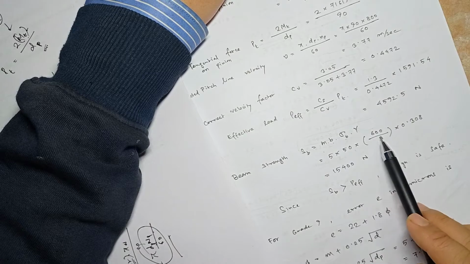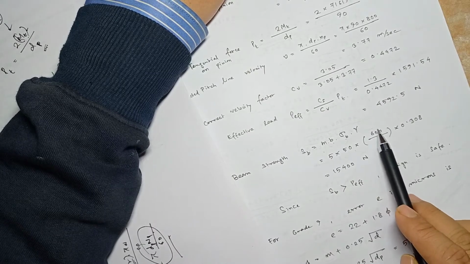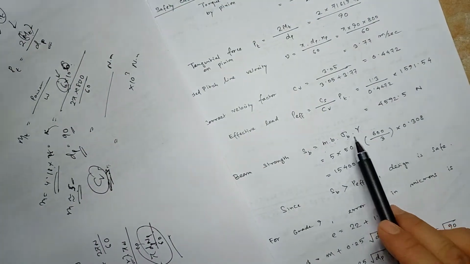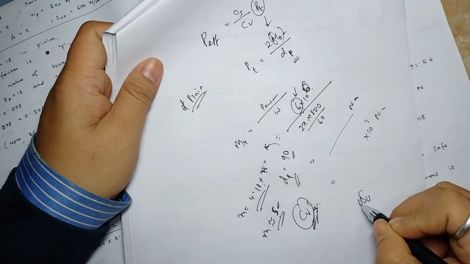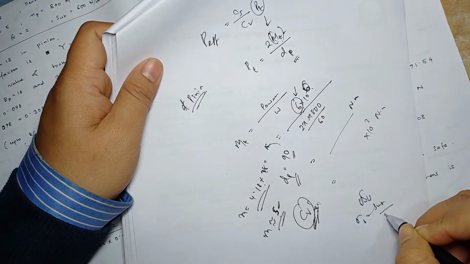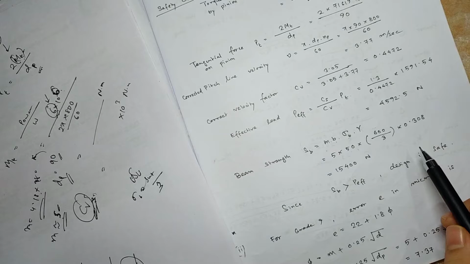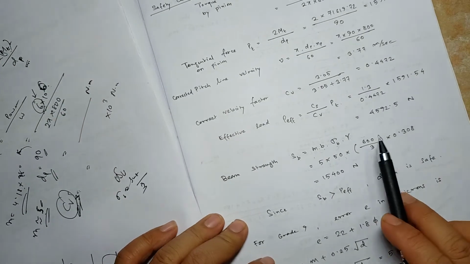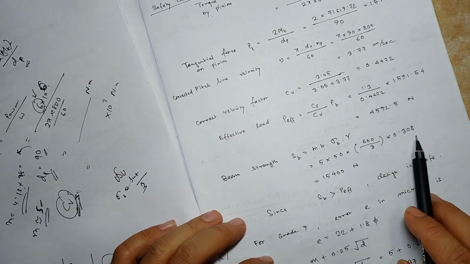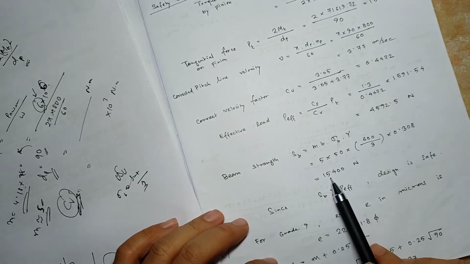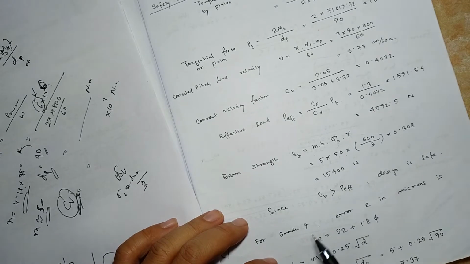Sigma b is 600 by 3, it is Sut by 3. Here in general we take sigma b as Sut by 3, ultimate strength by 3, multiplied by Y, which is 0.308. So this is 15,400. This is beam strength.